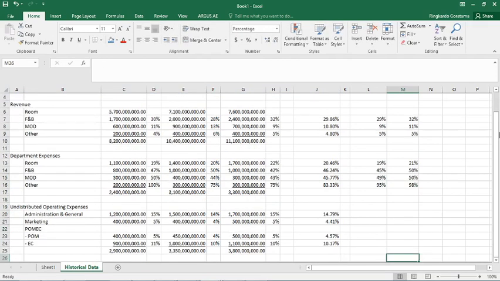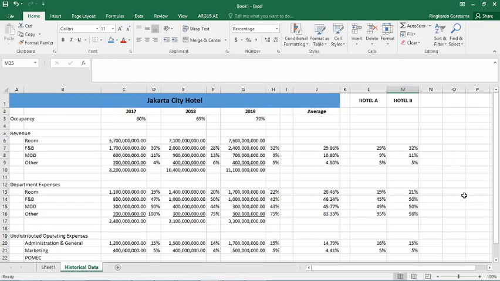And also we put the same for this one. Let's say this is 60%, 5%, 5%, and 9%. And for Hotel B, let's say it's 15%, 5%, and this one 4 and 10%. So this is the analysis from the Jakarta City Hotel.